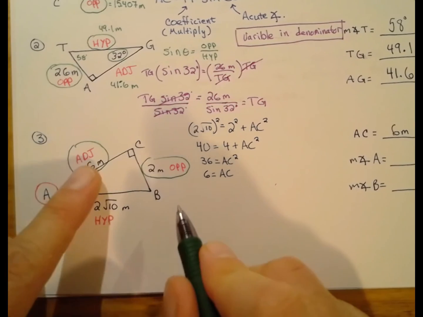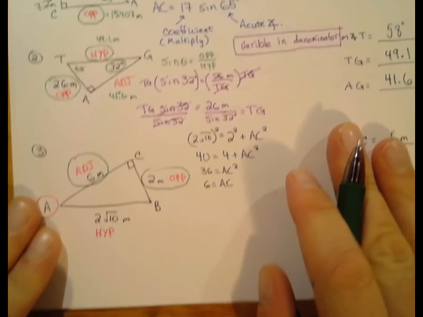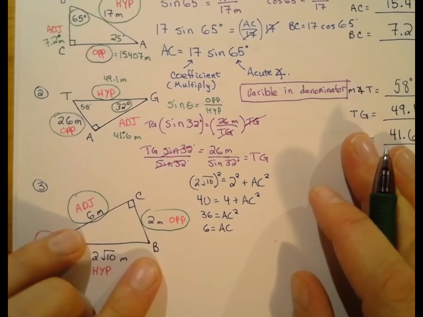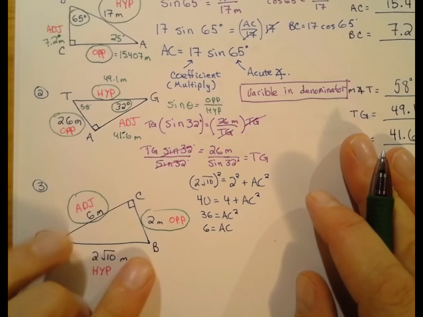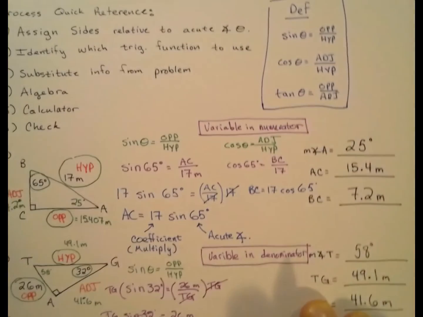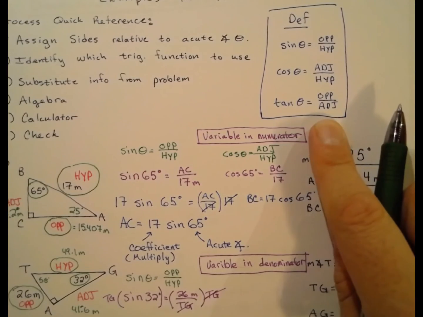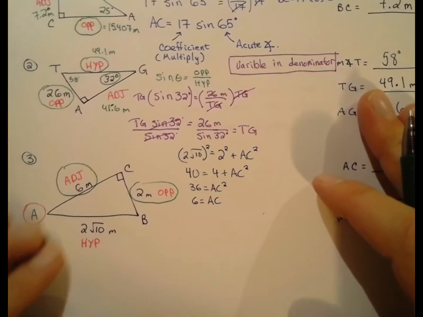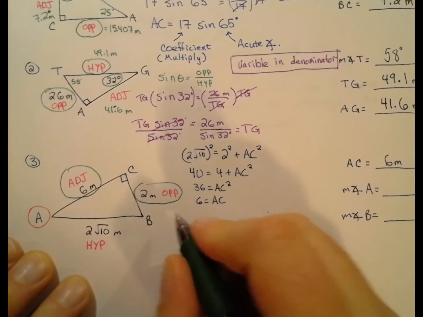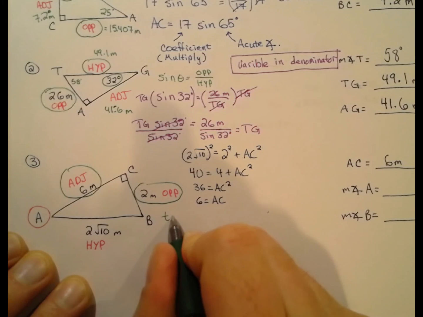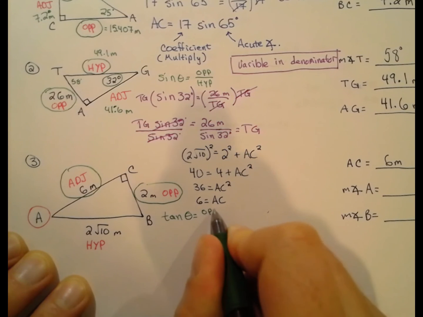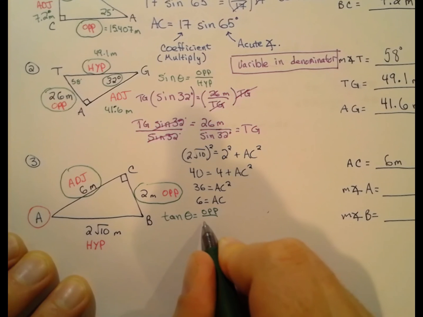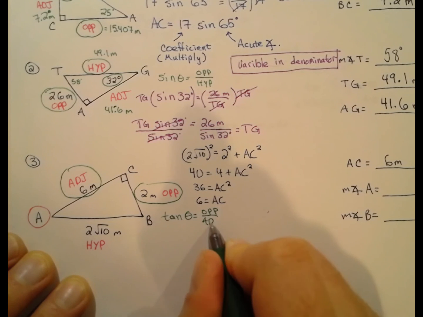So opposite, adjacent, 2 sides that we know. The angle is the side we don't know. Which trig function uses opposite and adjacent? Tangent. So we write down the trig function. In general, tangent of theta is opposite over adjacent.